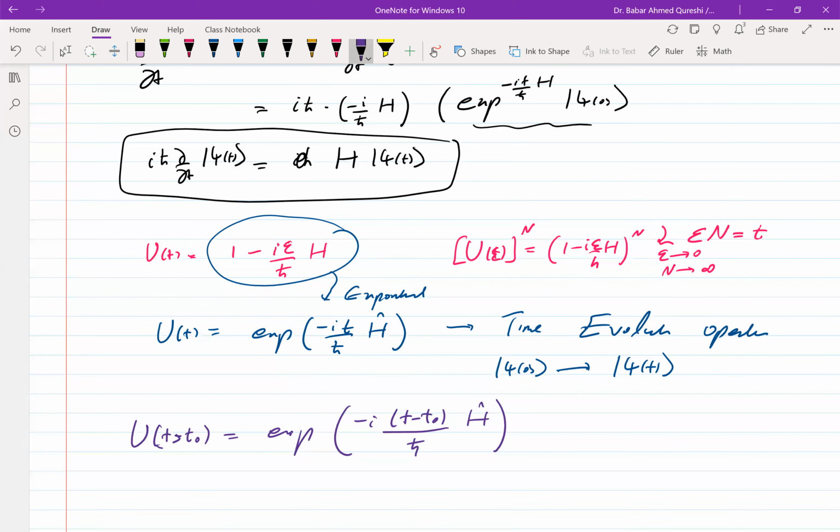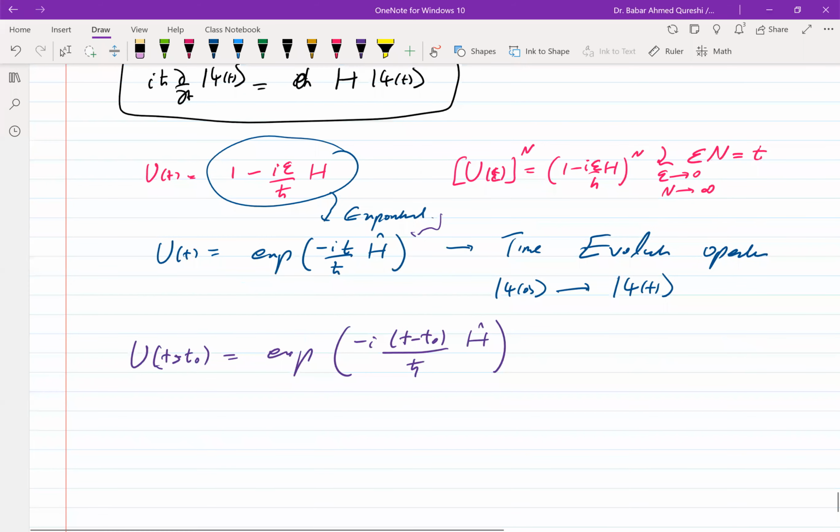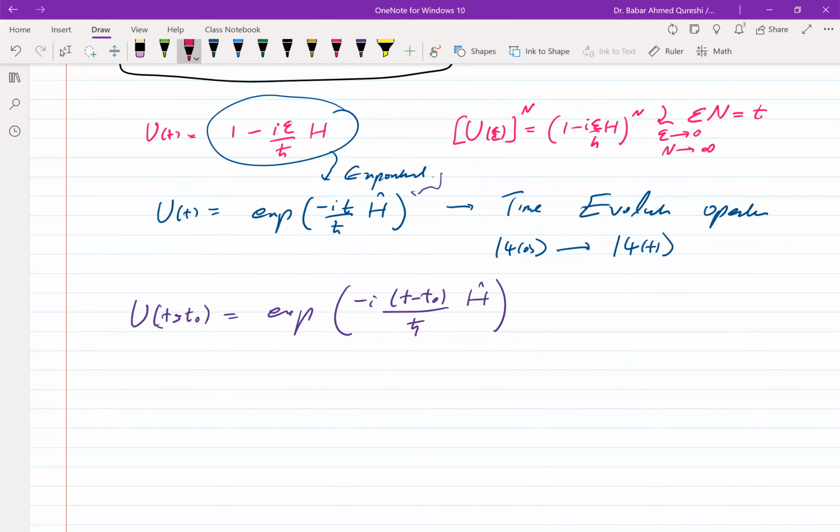And you can see explicitly that it's unitary. Because if I do u dagger of t, it gives me iota t over h bar, h dagger, h is Hermitian, and these two are inverses of each other.